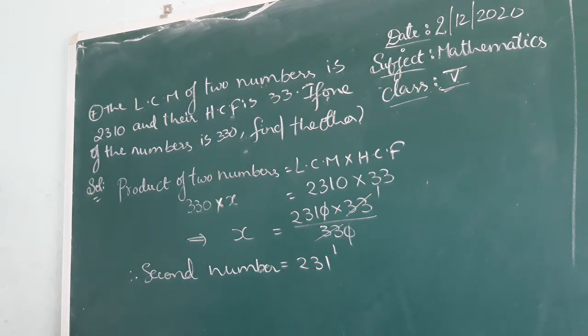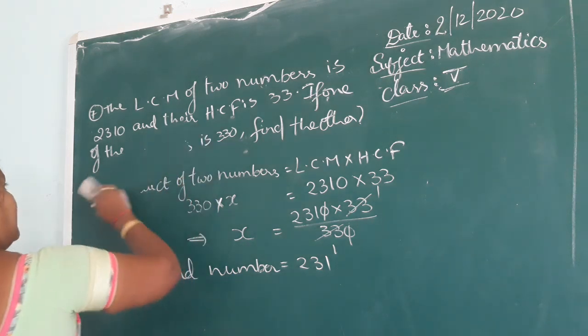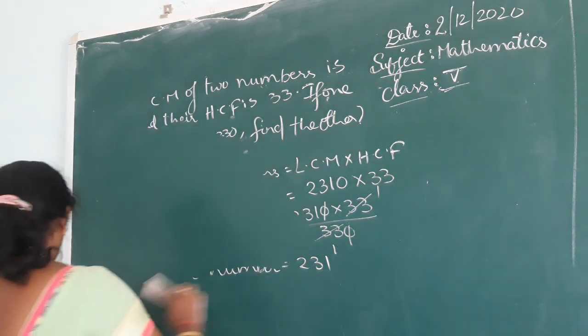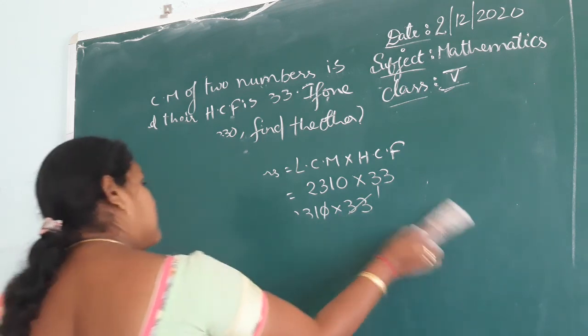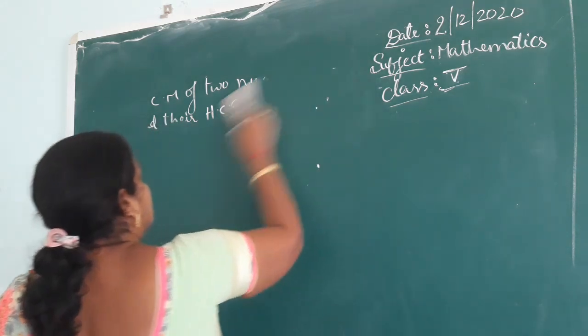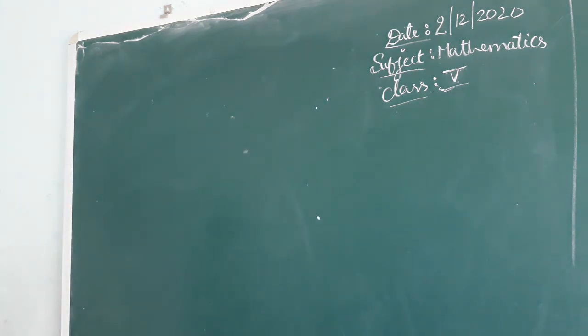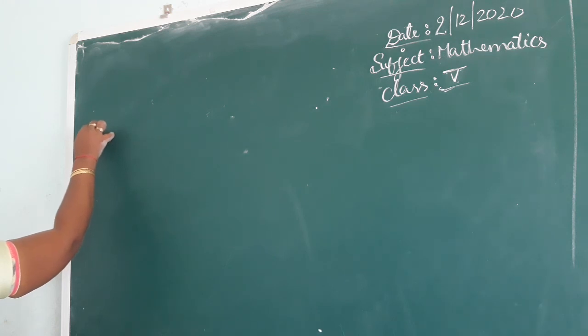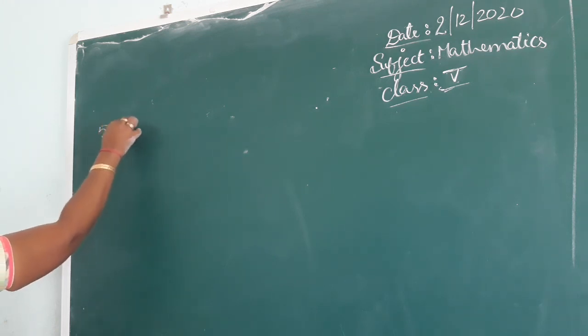Okay? See the next one, the 8th one, mental maths bits. What is the HCF and LCM of 5 and 15? Numbers are 5 and 15.